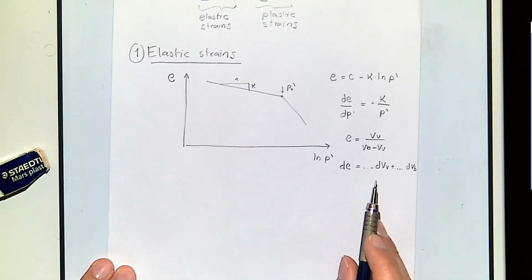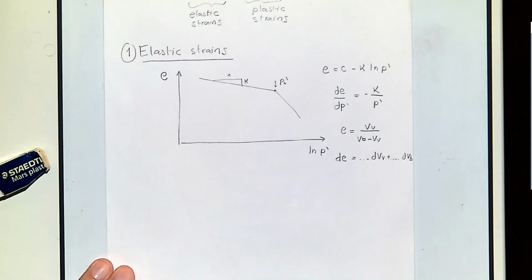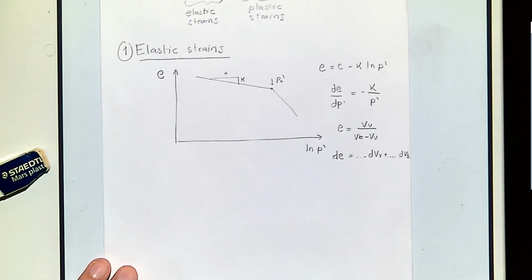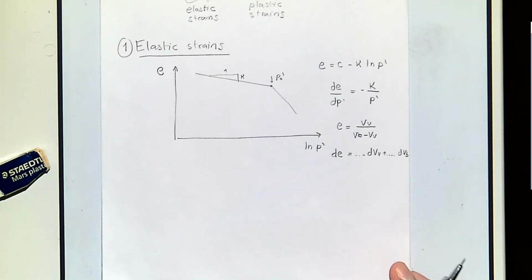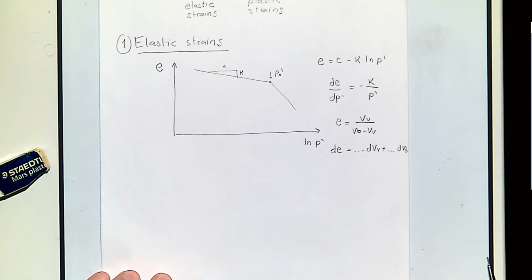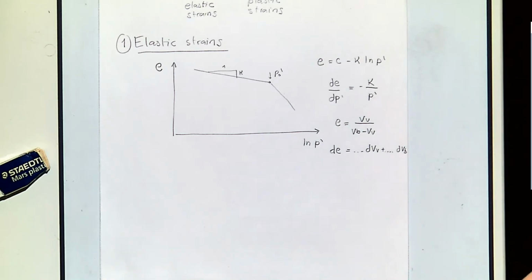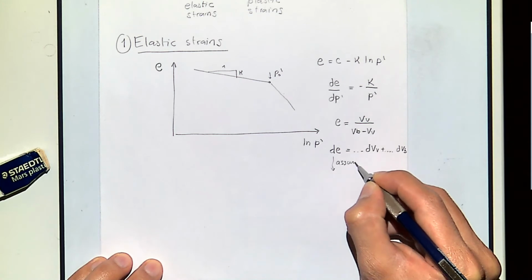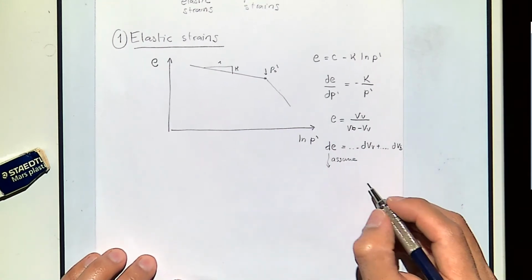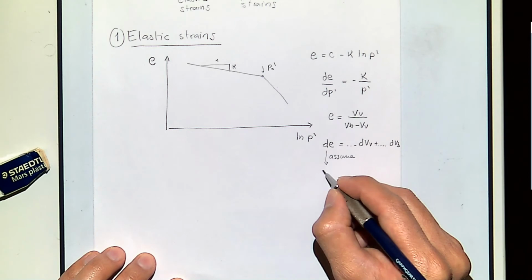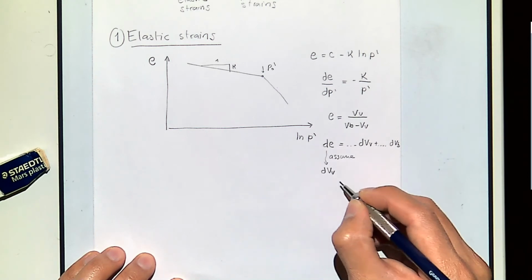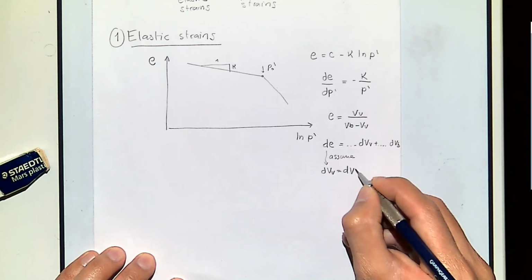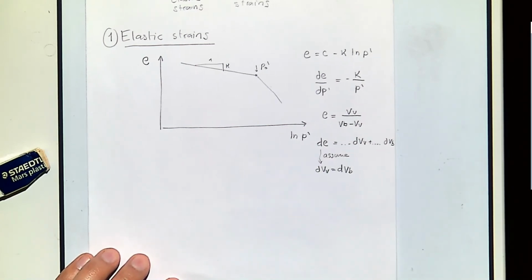Here you can work with this equation, but it doesn't matter for this purpose. What is important to know is that for this model, we're going to assume that the variation of the voids, or the pore space, is equal to the bulk variation.